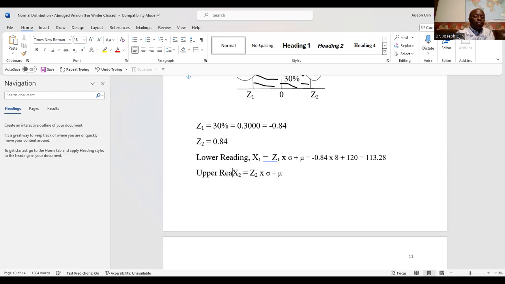And the upper reading X2 equals the same thing, but this time there won't be any negative sign, but a positive sign. So I'm going to just go to the calculator and remove the negative sign.